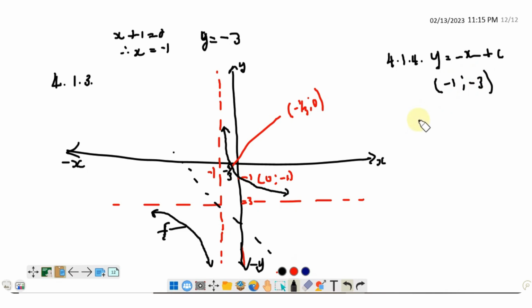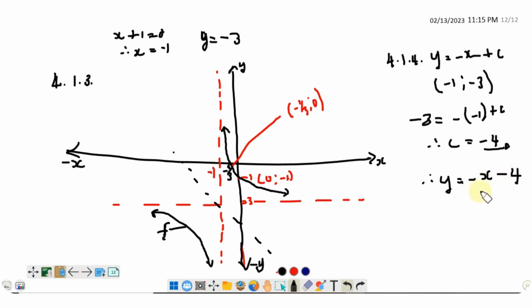Find c: we substitute negative 3 equals negative of negative 1, plus c. Therefore, c equals negative 4. Therefore, the equation becomes y equals minus x minus 4.